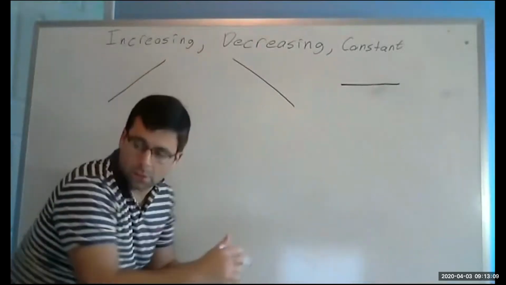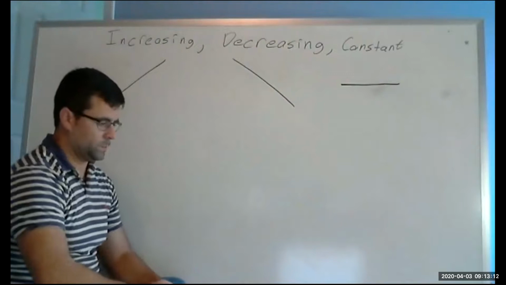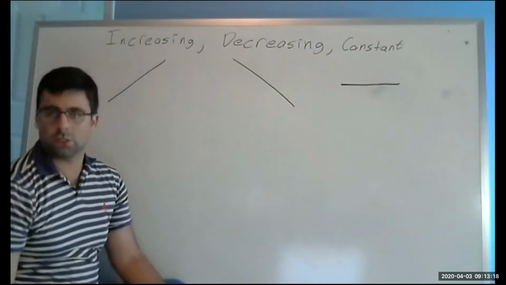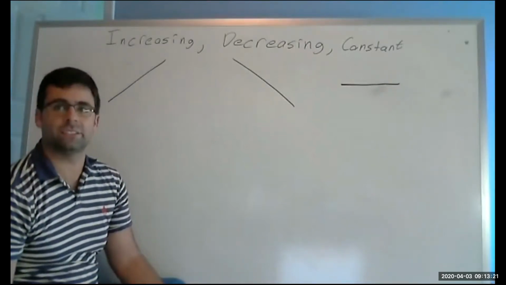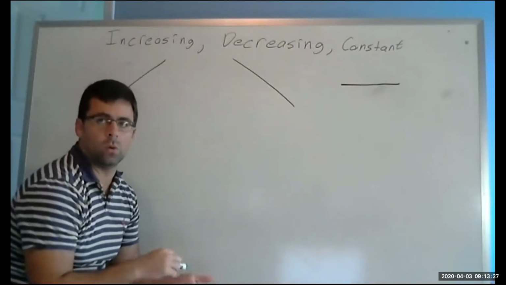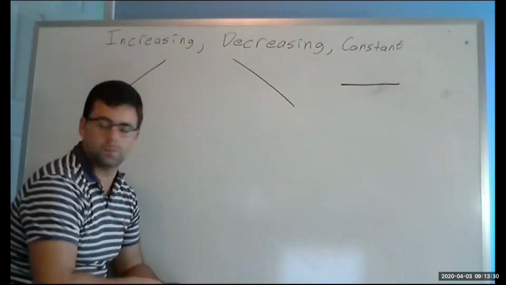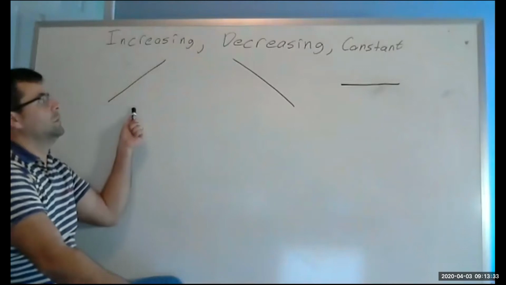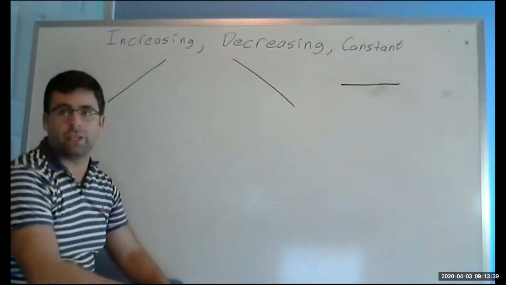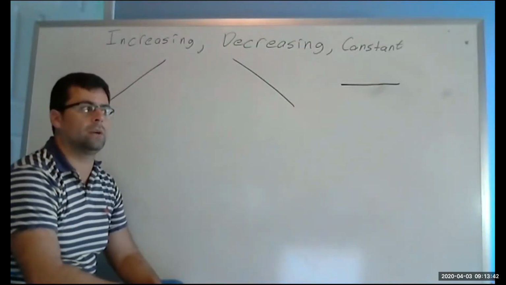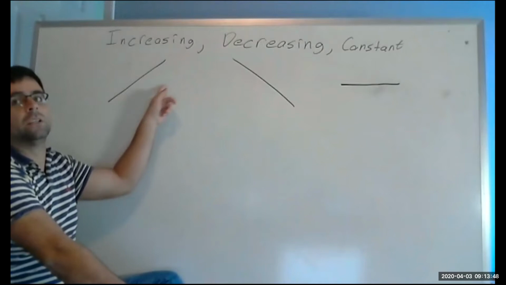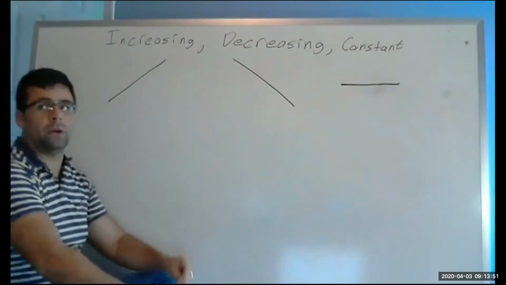I've just drawn a couple of simple lines here. What is something that we know to be true about these lines? Let's look at just this one specifically. No matter what the actual numbers are that describe this line, we can still tell something about it.